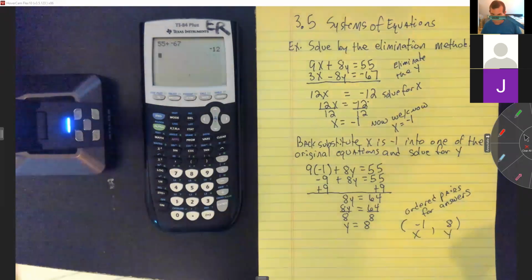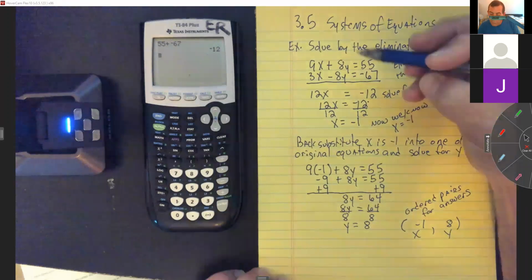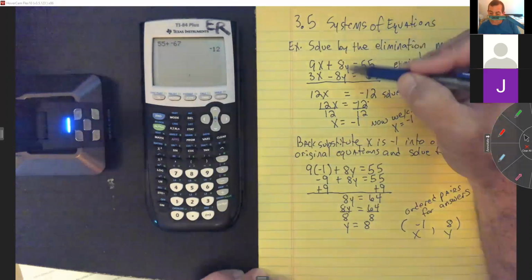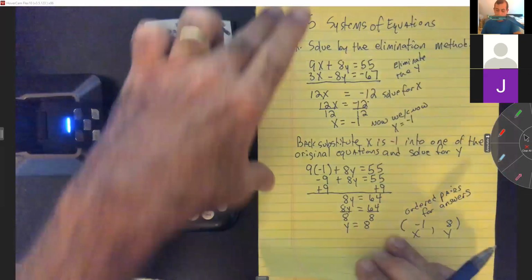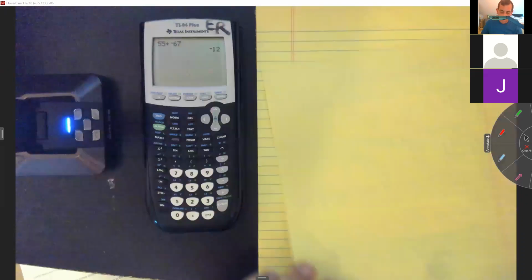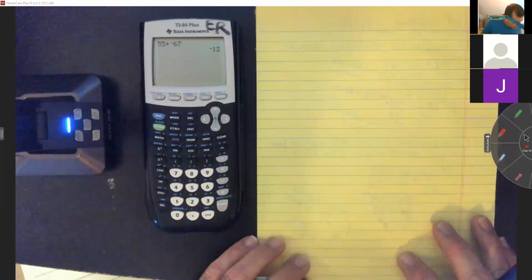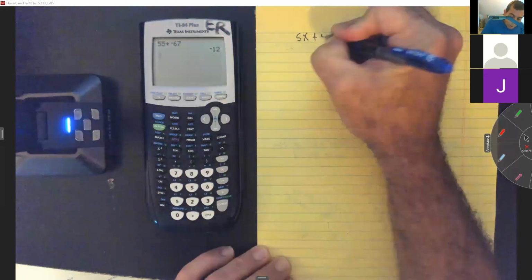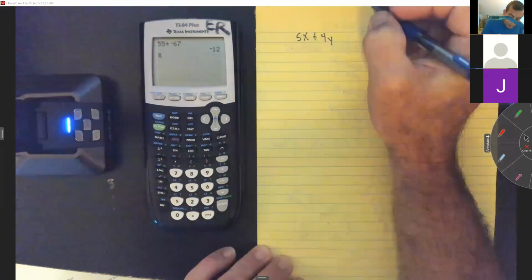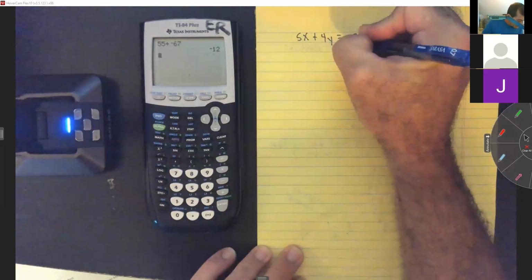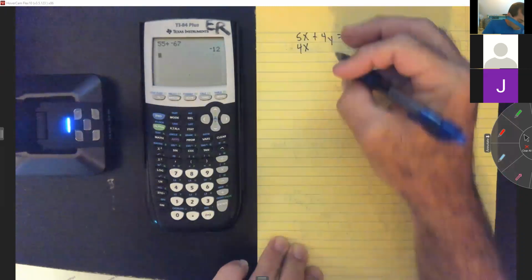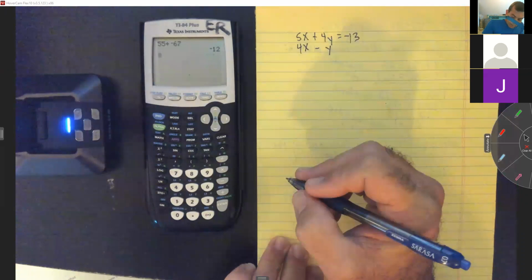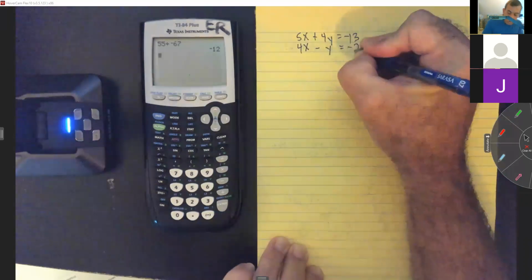All right, so y'all, we're going to go to the next one. If you got variables that are the same numbers but opposite in sign, that's the first one I would eliminate, okay? All right, 5x plus 4y equals negative 13, 4x minus 1y equals negative 2.